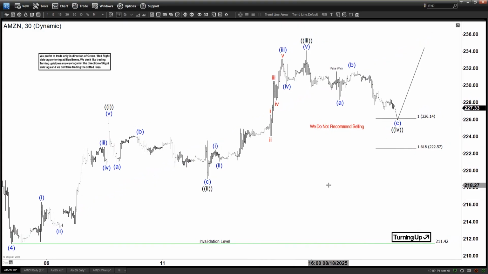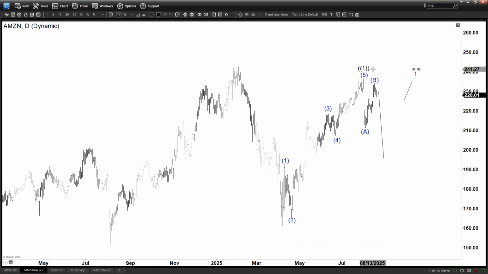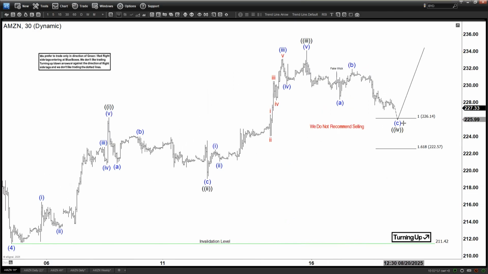And it is in that situation in which there is an alternate which is not totally impossible, that we might have already ended. Actually, in the case of Amazon, even this April cycle could be ending, and then we can start to see the bigger pullback. But for now, we are still favoring the upside.